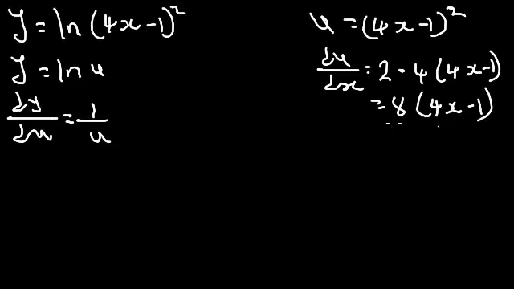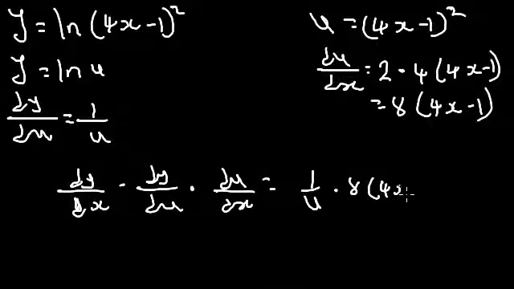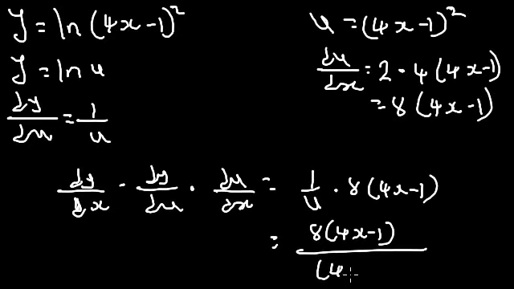If you want, you can expand, but I don't want to expand. So my final answer, dy/dx, will be equal to dy/du multiplied by du/dx, and hence I got 1 over u times 8(4x minus 1), which is simply 8(4x minus 1) divided by (4x minus 1) all squared.